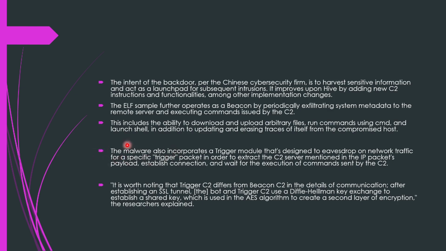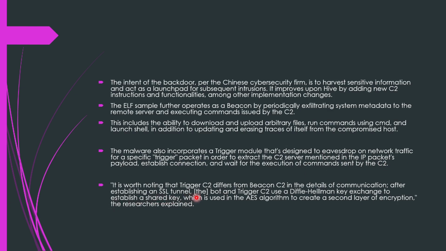The malware also incorporated trigger modules designed to watch the network traffic for a specific trigger packet in order to extract the C2 server mentioned in the IP packets or payloads, establish a connection, and wait for the execution of commands sent by the C2.